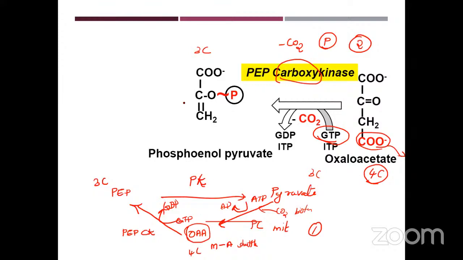Ma'am, what is this ITP? ITP is an inosine derivative, inosine triphosphate. We will study that under nucleotide metabolism. Inosine is a nucleotide derivative.